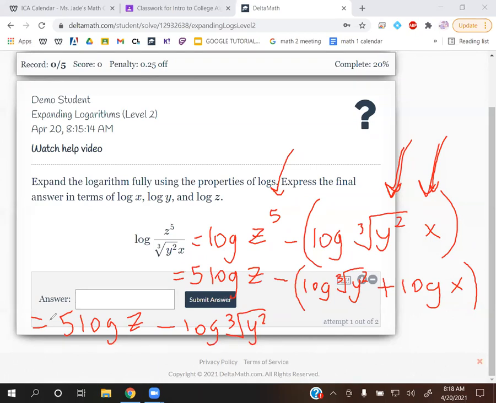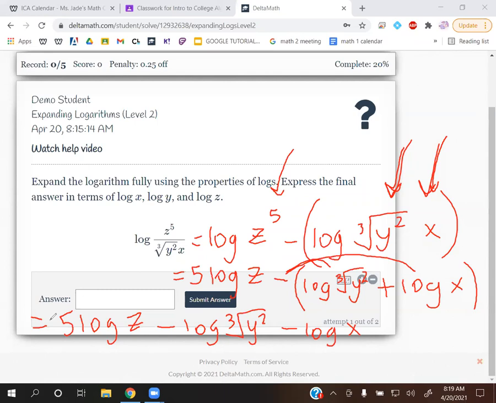And then I'm also going to distribute this minus sign to that one, so it's minus log x. All I did here was distribute that minus sign to everything inside the parentheses, because if we're going to fully expand everything, we don't want parentheses in it either. So far, we have 5 log z minus log of the cubic root of y squared minus log of x.